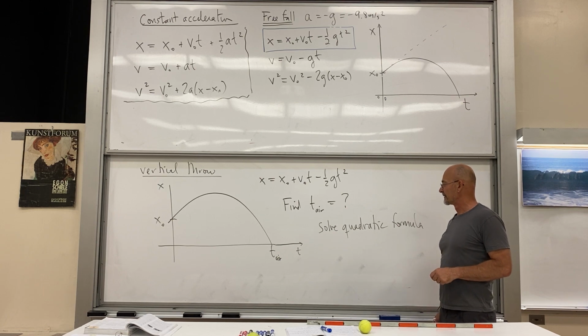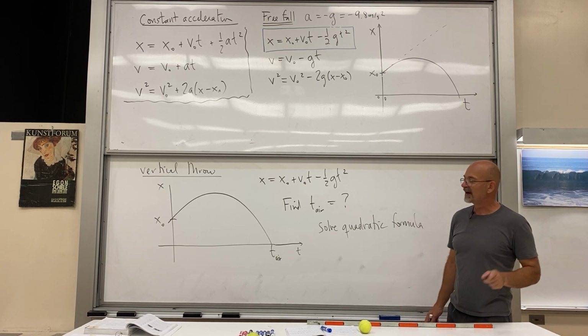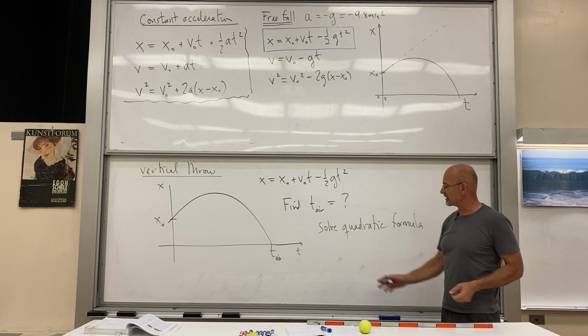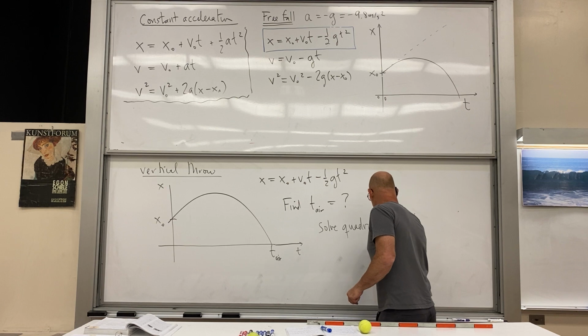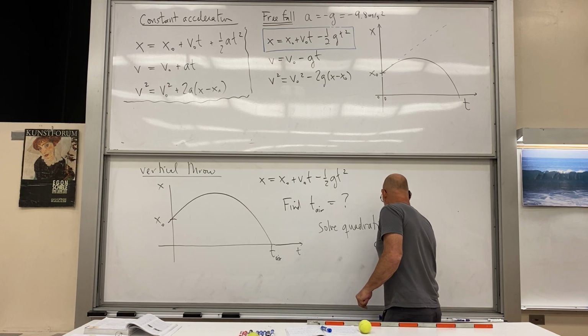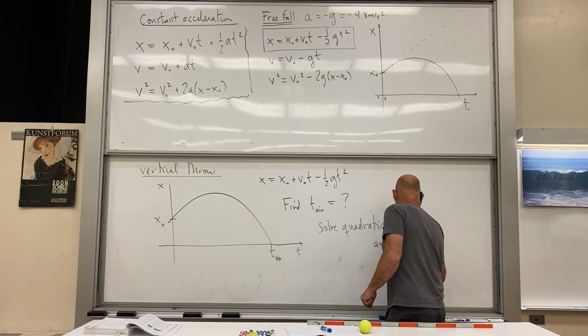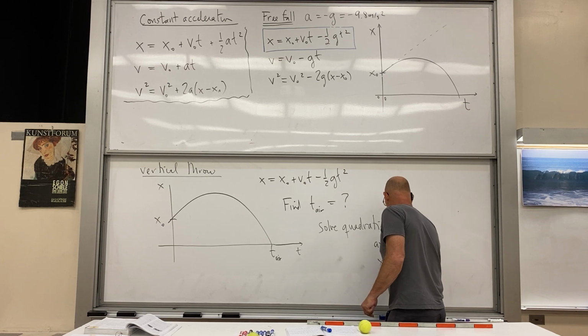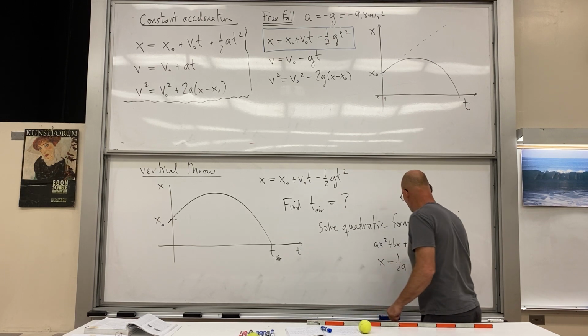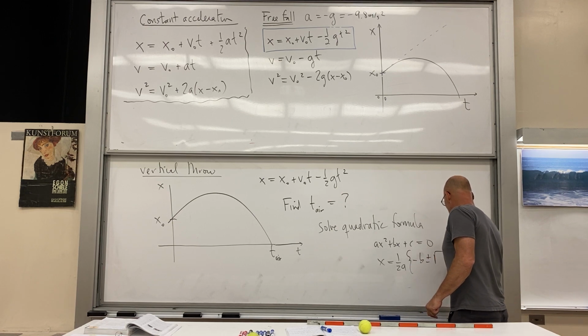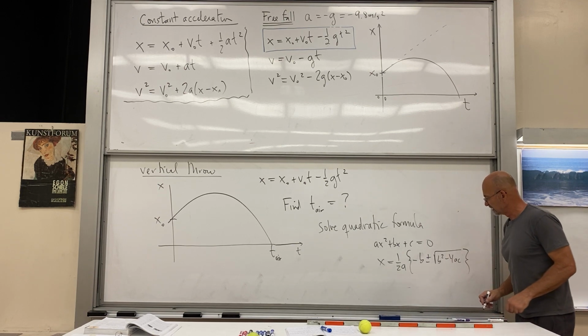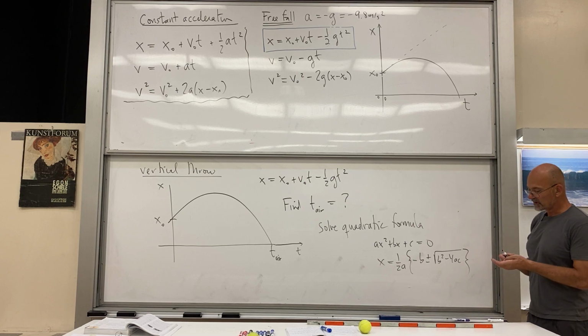It's not so great in an exam setting, but it's something you definitely have to know about. So you have to solve ax squared plus bx plus c equals 0. Here's the general formula: negative b plus minus square root of b squared minus 4ac. Okay, so that's if you actually have to solve a quadratic.